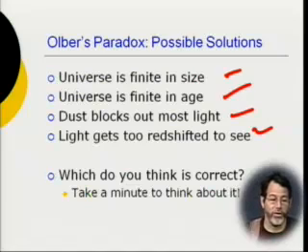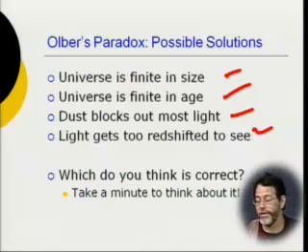And as they go even further, it would move into the infrared. And therein lies the redshift possibility of solving Olbers' paradox. Maybe there are lots of stars like our sun, but their light gets so redshifted that it falls out of the visible band so that we don't see it anymore.